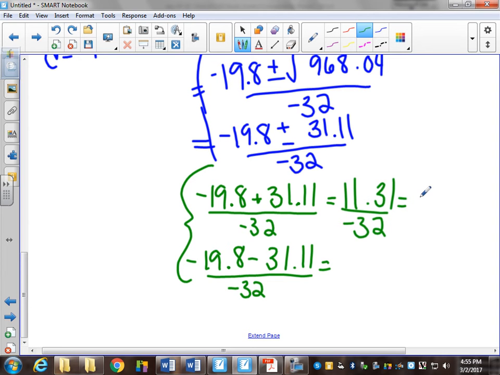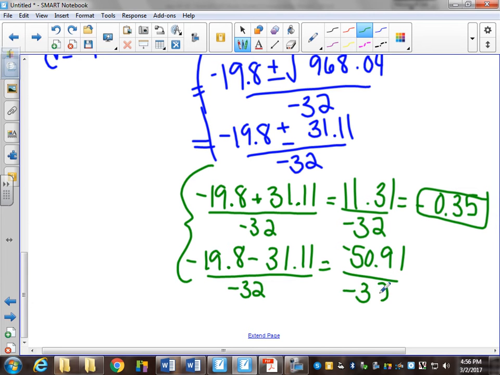Positive divided by a negative is going to come out negative. I got negative 0.35. Numerator, negative 19.8 minus 31.11. I got negative 50.91. A negative divided by a negative is a positive.